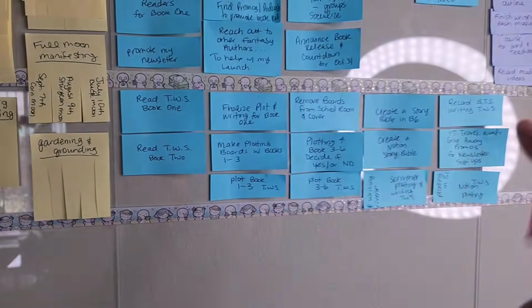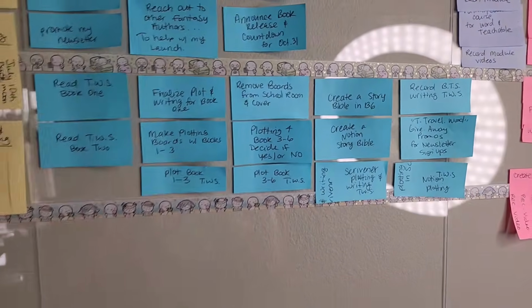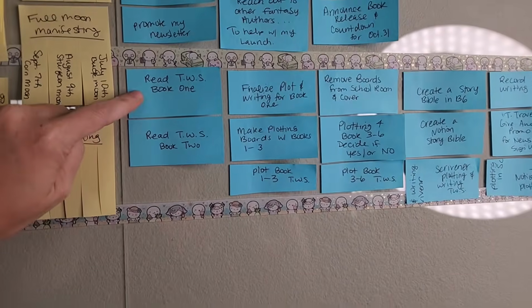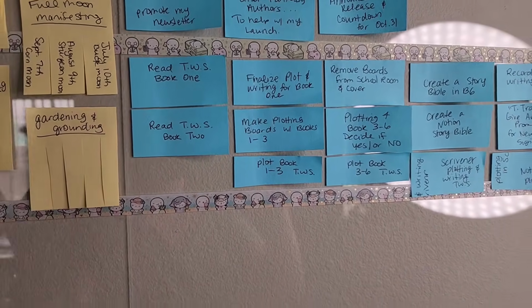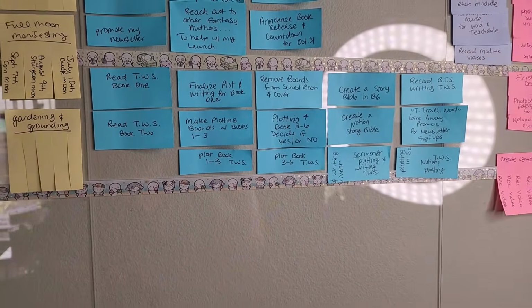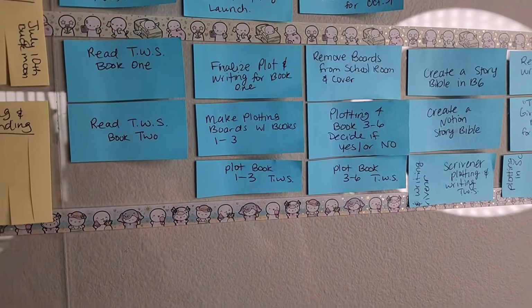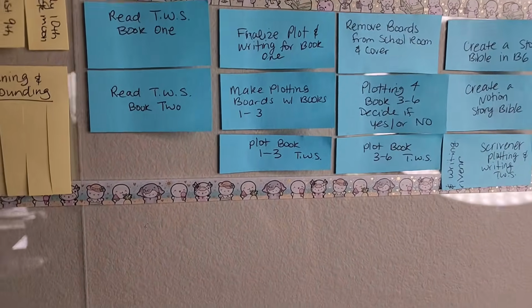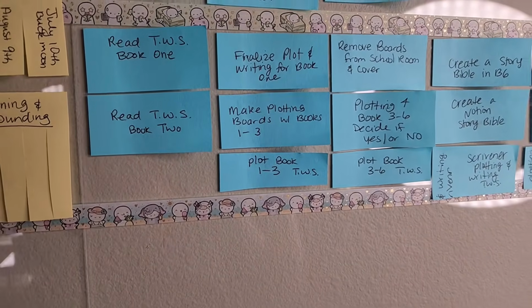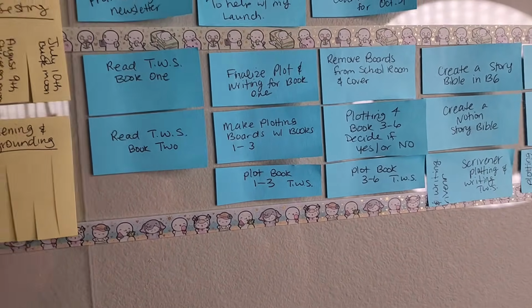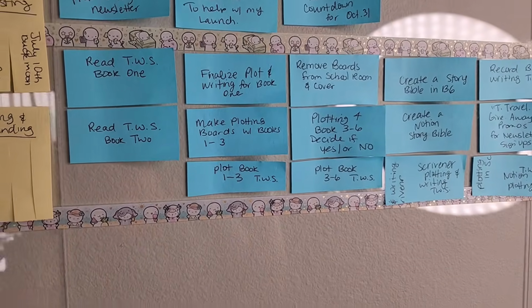And then also in this particular area, there's so many because I realized that, okay, read book 1, read book 2, because it's been so long since I've actually written anything and completed plotting, because I've kind of been winging it. I have been pantsing, and I really want to be more of a plantser.